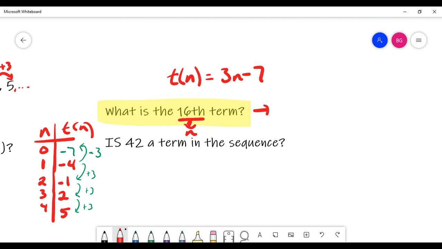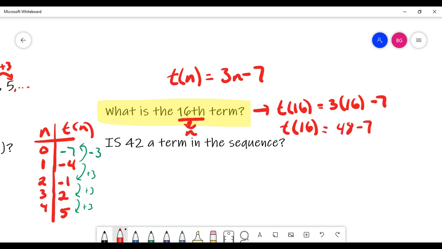So when we do this one, we're going to say t of 16 equals 3 times, well, I put 16 in for my n. So I'm just going to do 3 times 16 minus 7. So we're going to have t of 16. Remember, that's just function notation. We're just going to leave it there. Function notation just tells us that in the 16th spot, our output is going to be whatever we get. 3 times 16 is 48 minus 7.